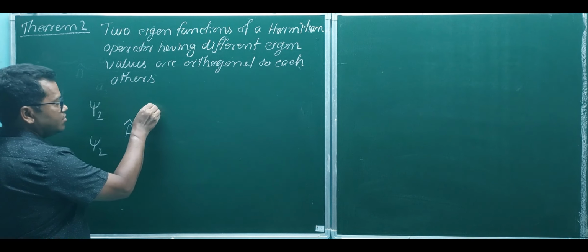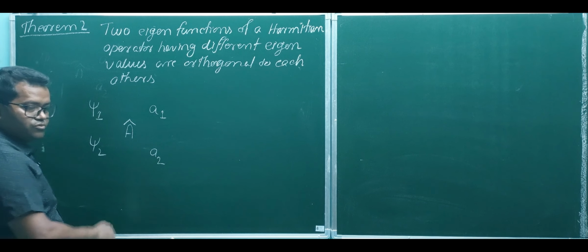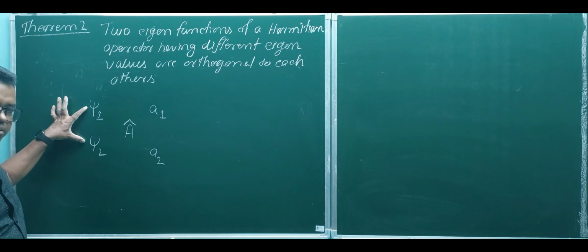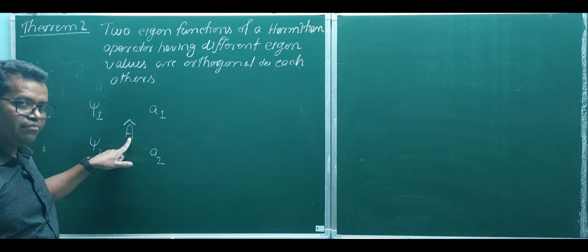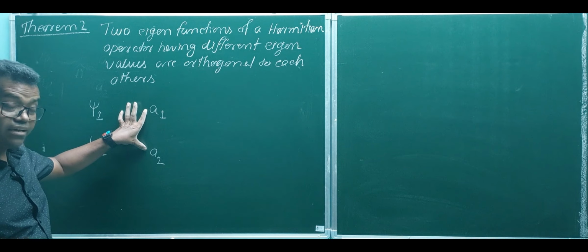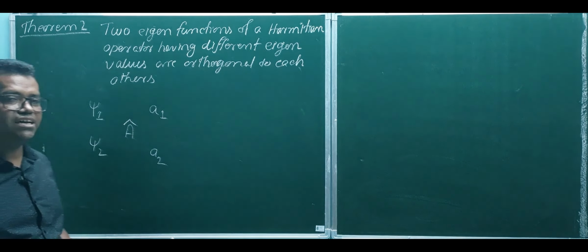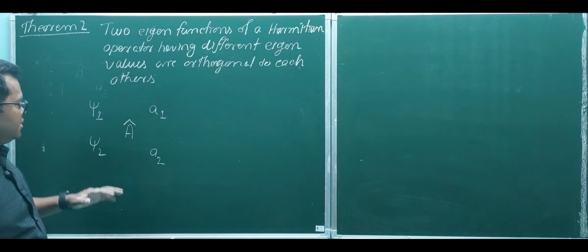Psi 1 has eigenvalue A1, psi 2 has eigenvalue A2. Then these two functions are orthogonal to each other.